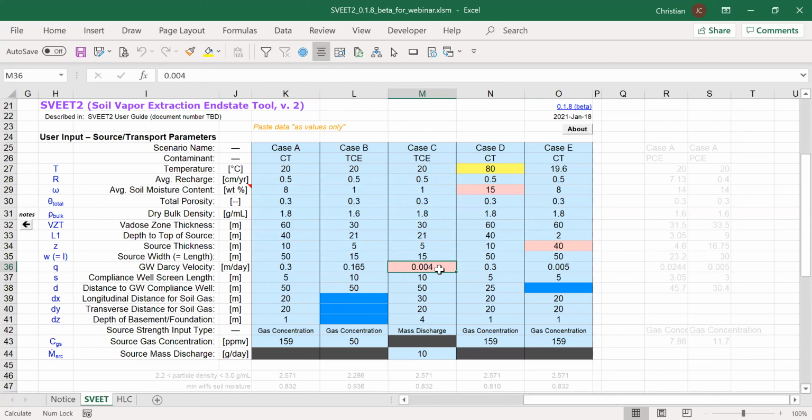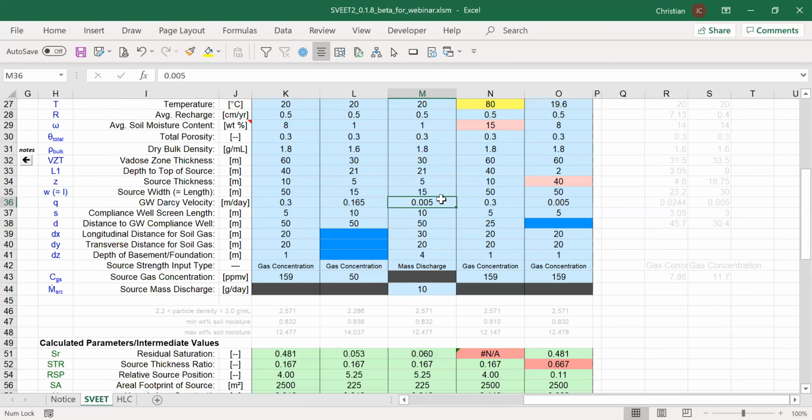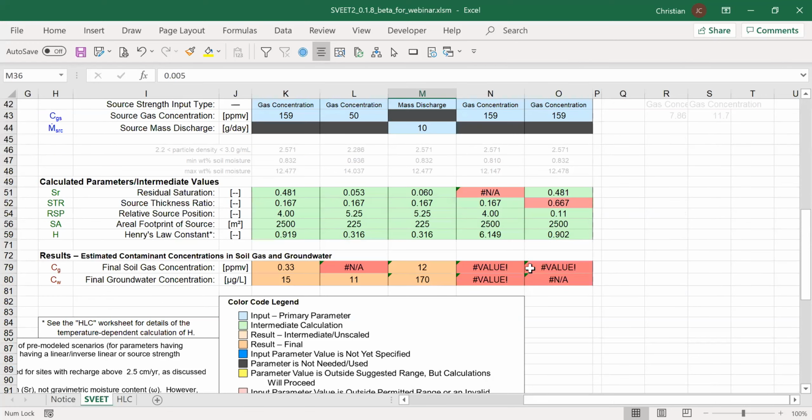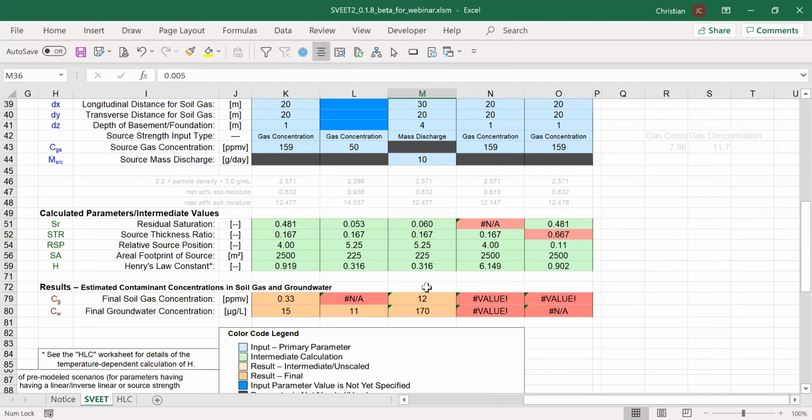And so that's the flag to tell you there's something amiss. You're outside the bounds. If you change the value and it goes back inside the bounds, it will then calculate. If it's outside the bounds, it shows up as a value or NA error message in the result.